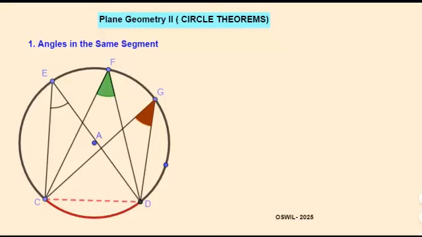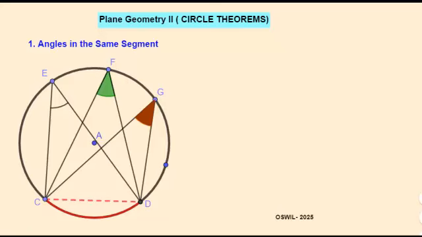It is also equal, which means that all these three angles are equal. It tells us that when angles are subtended by a chord at the circumference of the circle, those angles are equal.